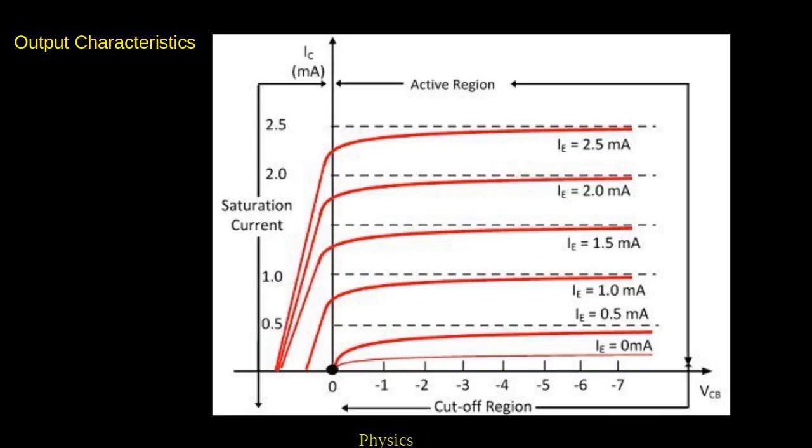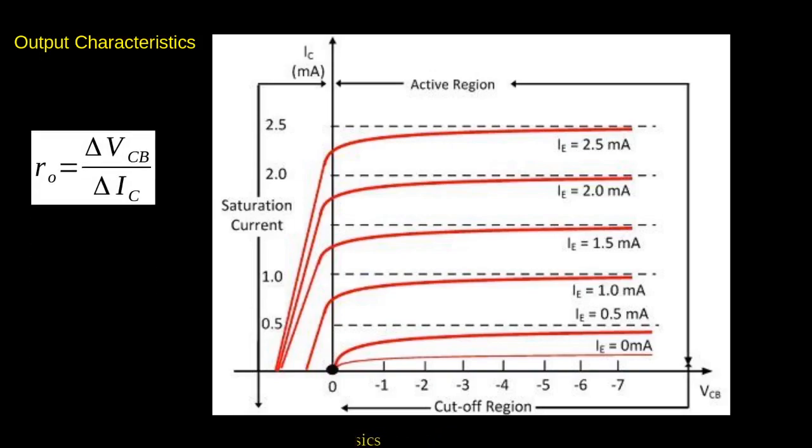So we can calculate the output resistance of the common base configuration. How can we calculate the output resistance? The ratio of change in collector base voltage to the change in collector current at constant emitter current is known as the output resistance.